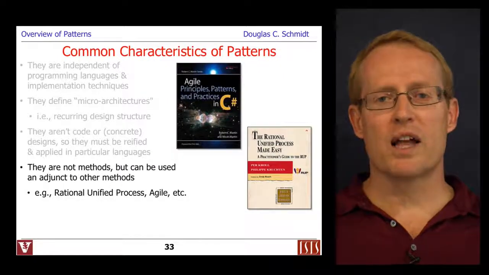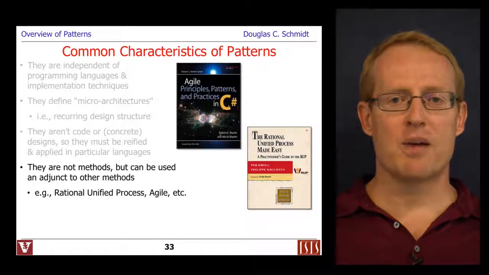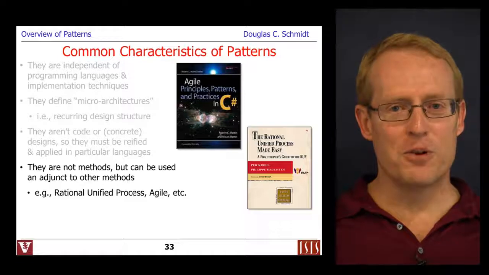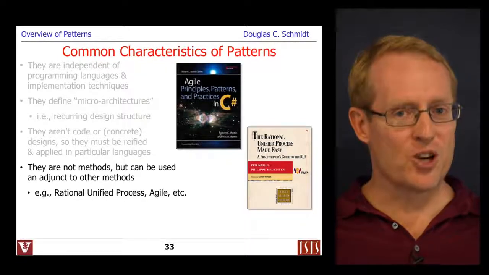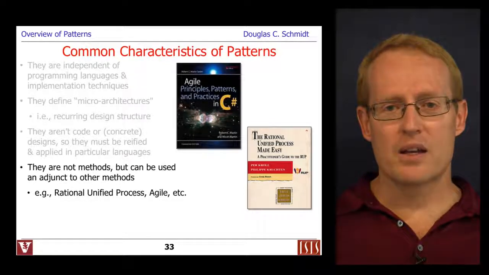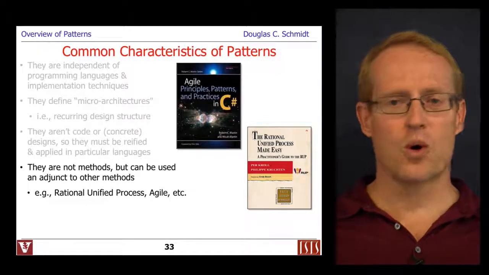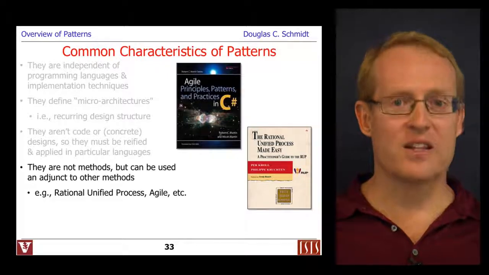It's important to also realize that patterns aren't methods. They are adjuncts to methods. They're kind of like a flavor enhancer that you add to your food to make it taste better. You wouldn't eat garlic salt by itself, but when you put the garlic salt on the food, it makes the food tastier. So is it with patterns. You don't replace a method like the rational unified process or various agile methods like Scrum or Kanban with pattern methods.